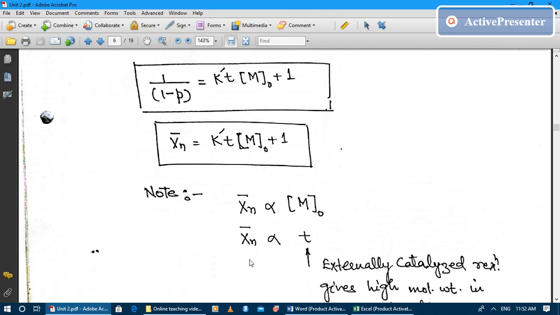But if you look at the time dependency of the molecular weight, in case of externally added catalyst, xn bar is directly proportional to time t, whereas if you just recollect, in case of self-catalyzed polymerization reaction, xn bar was proportional to under root of t.